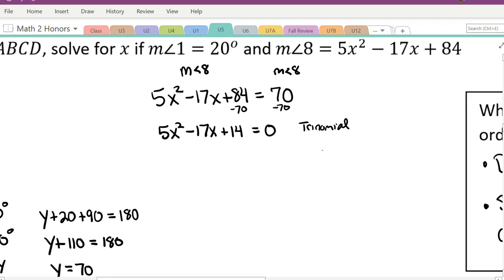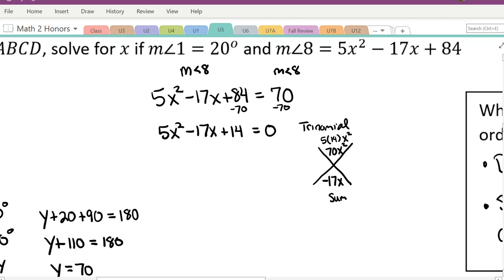So I'm going to think about how to split up my middle term, the negative 17x, into two terms that add up to it. So I want the sum of the two terms I come up with to be negative 17x. And at the top here I'm going to multiply the 5 and the 14. So 5 times 14 x squared, and 5 times 14 is 70, right?